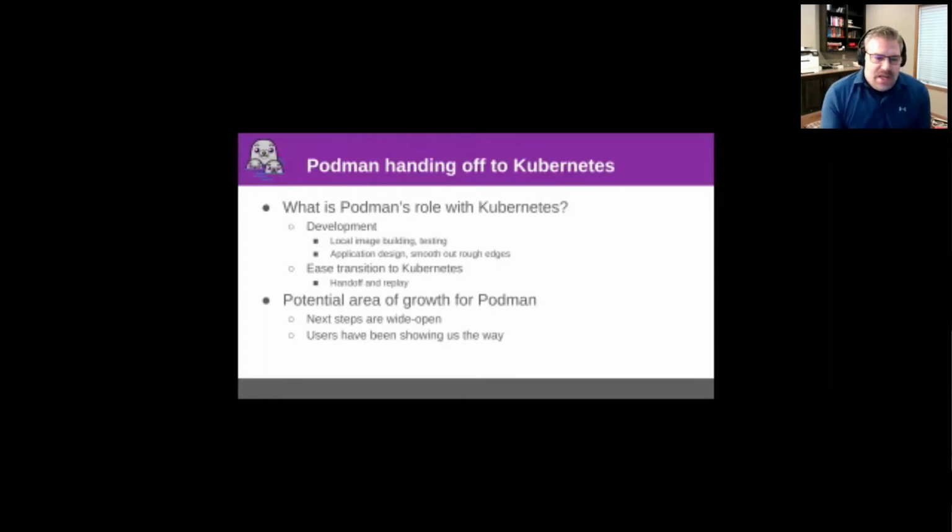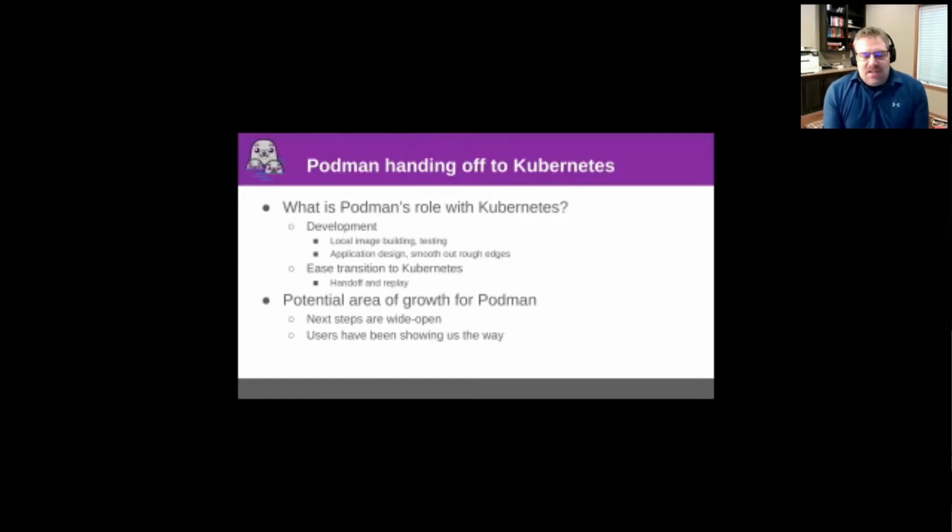We think that this is really an area of growth for Podman, and we'd like to continue to hear what folks think. We don't have a specific plan in mind here. We've got a couple of ideas, and we've primarily relied on users showing us the natural way.